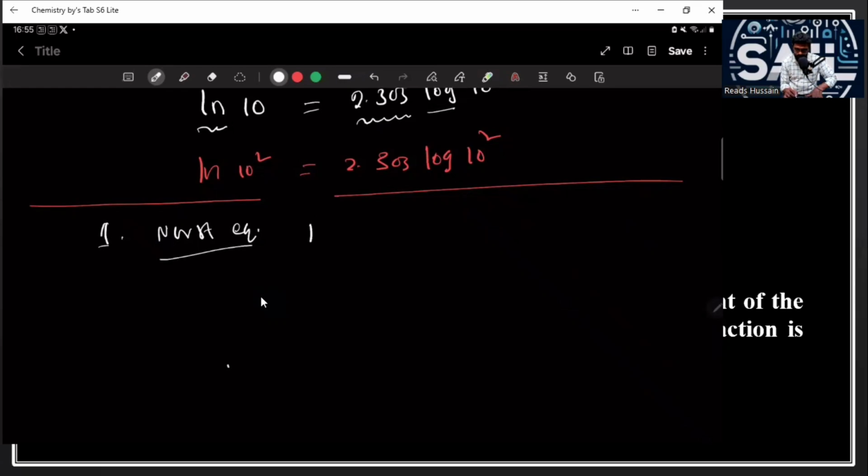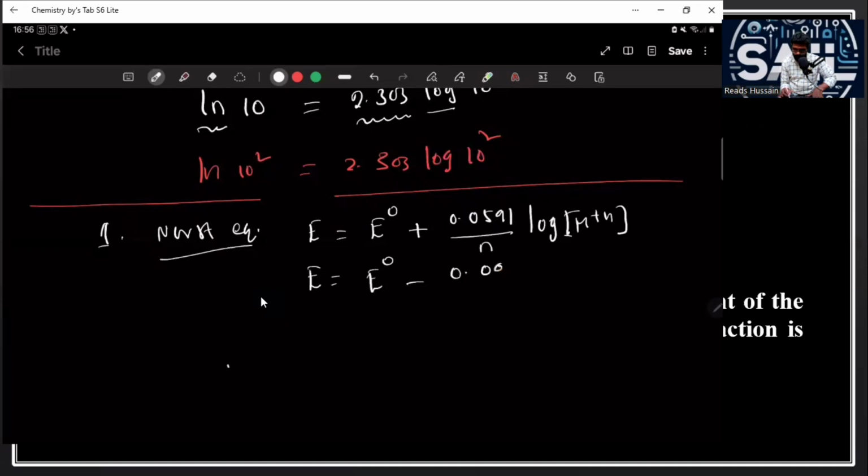Nernst equation for metals: E is equal to E naught plus 0.0591 by N log M n+ concentration. For non-metals, E is equal to E naught minus 0.0591 by N log X n- concentration.